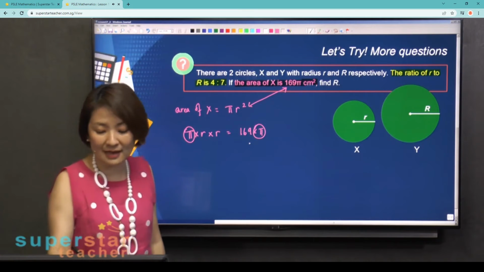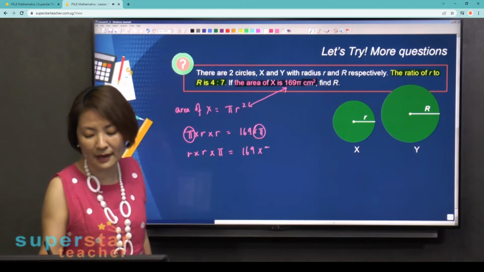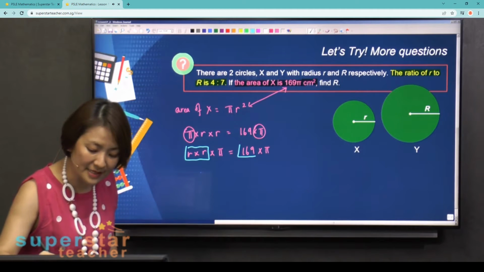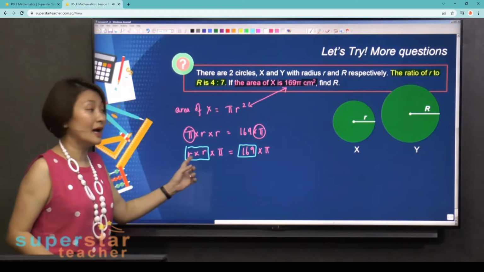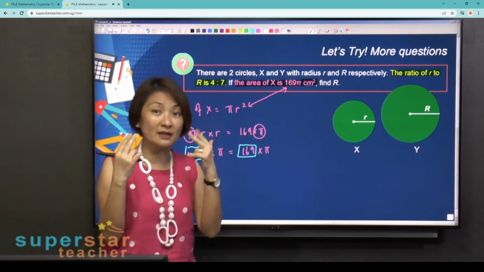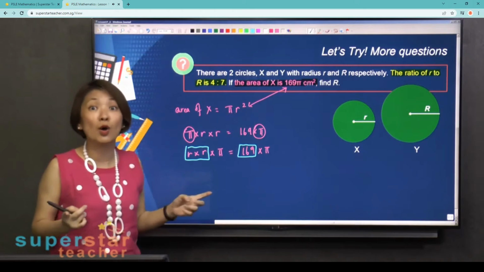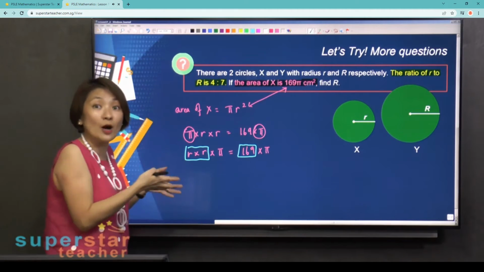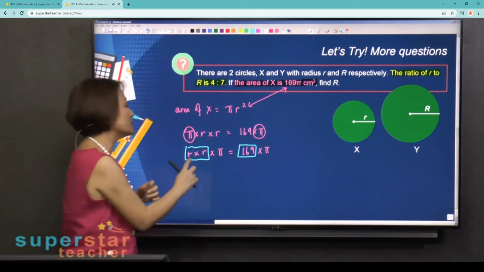So I can rewrite it: r times r is 169. If r times r is 169, then what's r? These two must be the same. This is where you have to work on your mental calculation. A lot of people will say 169 divided by 2. That's wrong, that would be r plus r. This is where you use your algebra. Remember the rules from algebra? That's very important. So these two numbers must be the same.